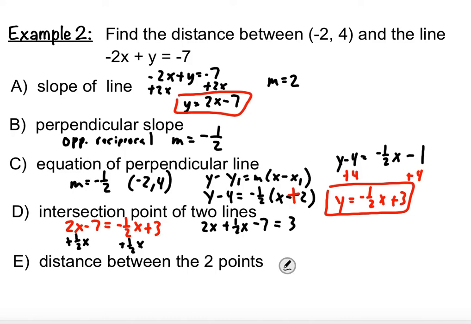I'm going to bring the -7 over on the other side by adding 7 to both sides. I'm going to also get a common denominator on the left-hand side there, which is 2. So on the left-hand side there I have 4/2 x plus 1/2 x gives me 5/2 x.